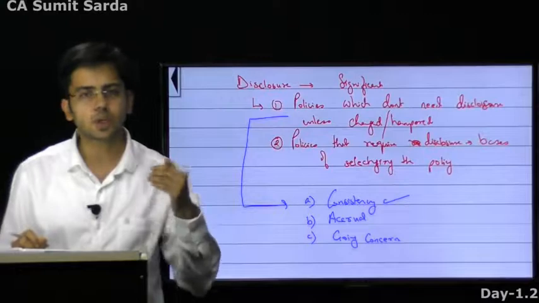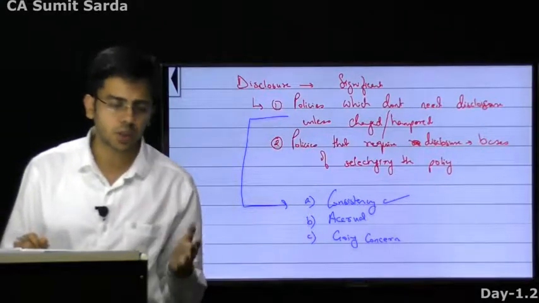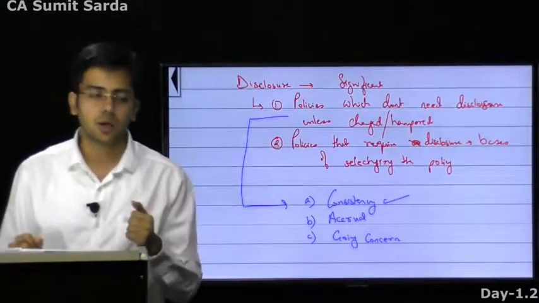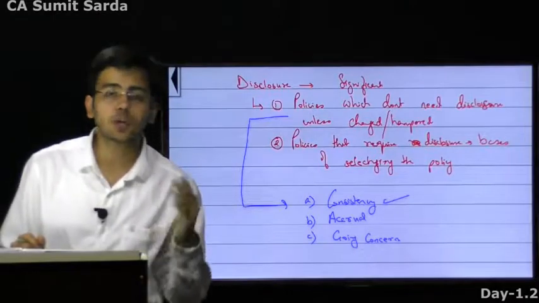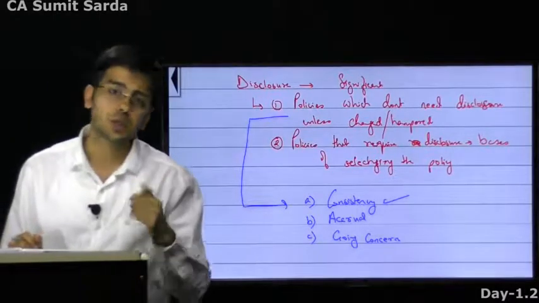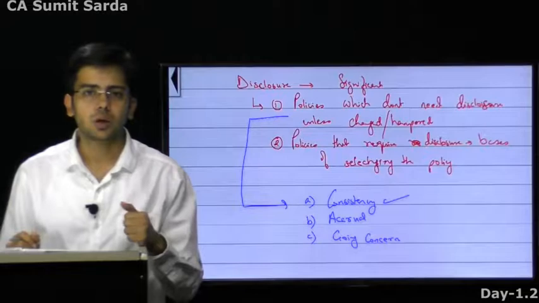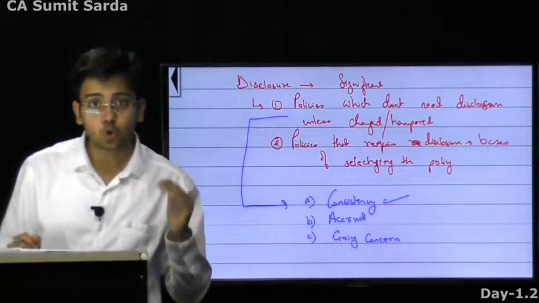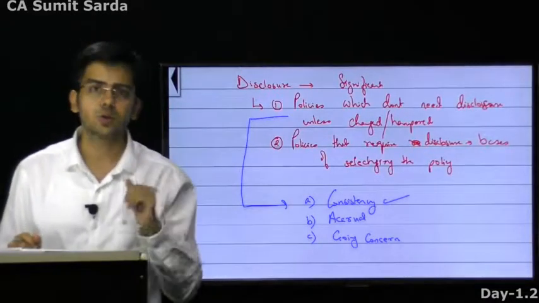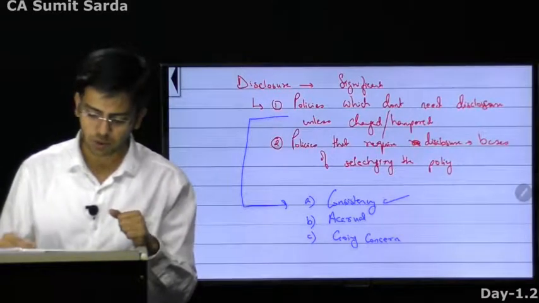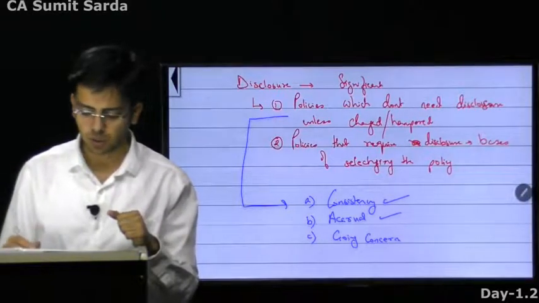If an expense is related to future, show it in future. If the income is related to future, show it in future. If the income is of today, though not received, it is going to be received tomorrow, still you will have to show the sale. If the expense is related to today, though to be paid in future, show it today. So that is the concept of accrual, mercantile basis accounting.